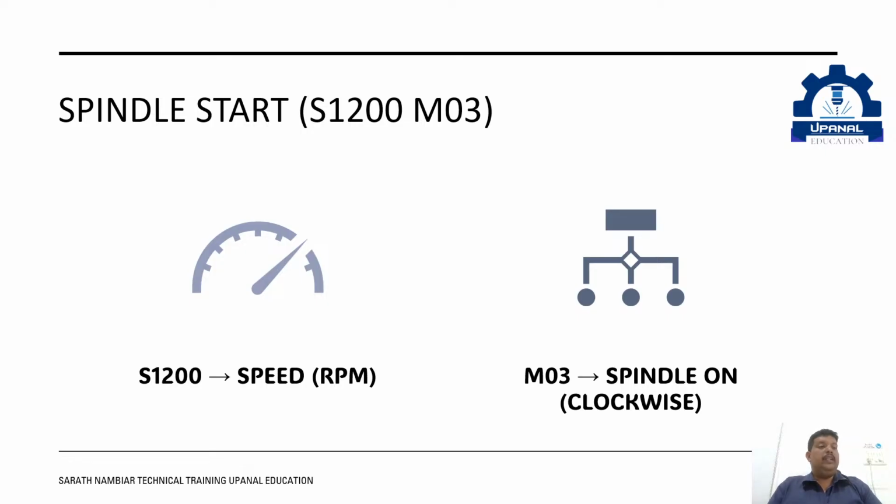And M03 means the spindle rotates in clockwise direction. So after this line, the tool will start rotating in clockwise direction at a speed of 1200 rotations per minute and is ready for cutting the work or removing metal from the work. Without spindle rotation, there is no machining.